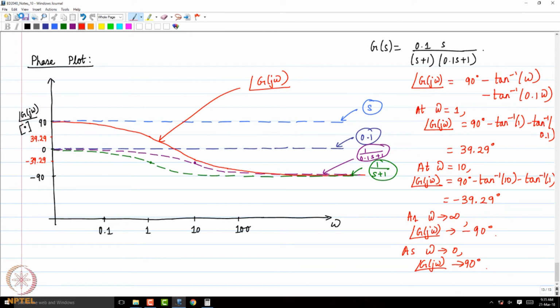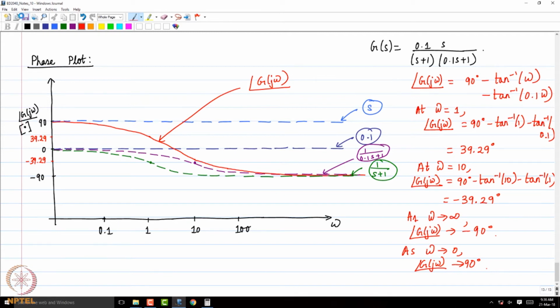And you immediately see that because this has a 0 at 0, okay, it does not have a 0 in the right half plane, it essentially follows the points that we discussed at the beginning of this class, right. What did we discuss? You give me a transfer function, right, and I plot the Bode diagram, you immediately see that the magnitude plot is going to tend to a slope of minus 20 times n minus m decibels per decade.